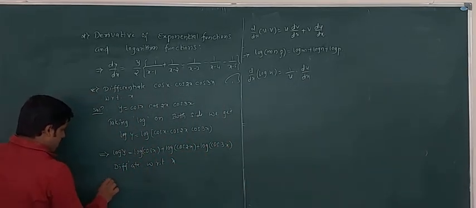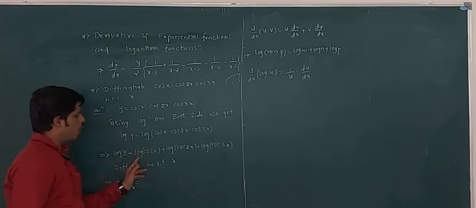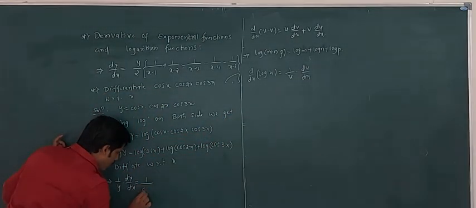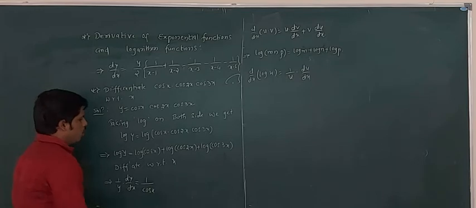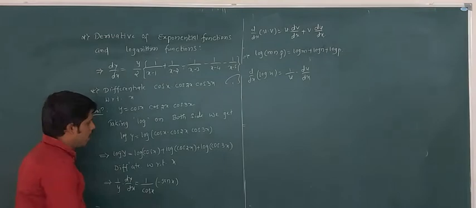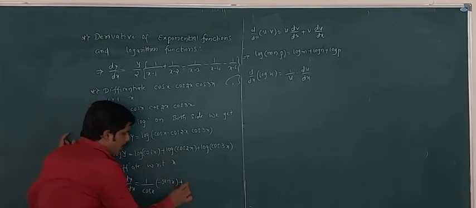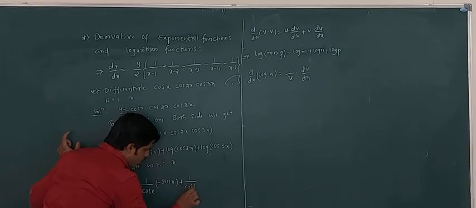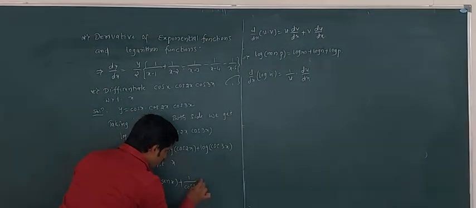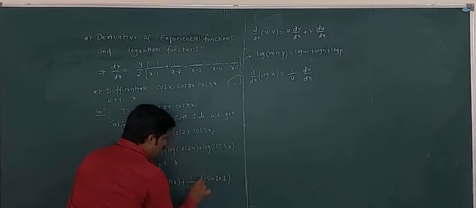So log y differentiation is 1 by y into dy by dx is equal to, for log of cos x, in place of u we have cos x, that is 1 by cos x into cos x differentiation, which is minus sin x, plus again 1 by cos 2x, because in place of u we have cos 2x, and cos 2x differentiation is minus sin 2x into 2.